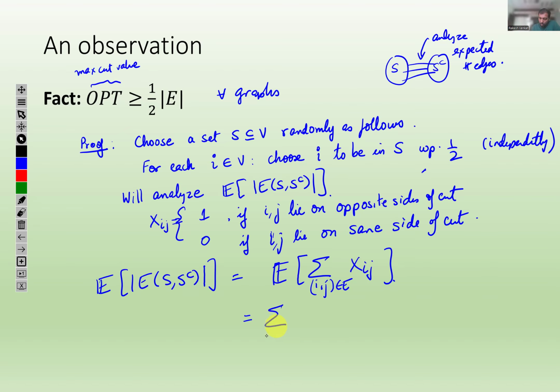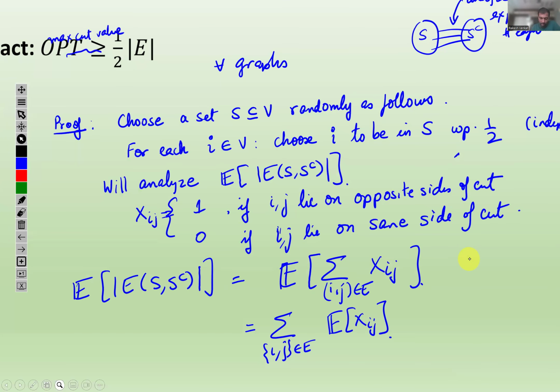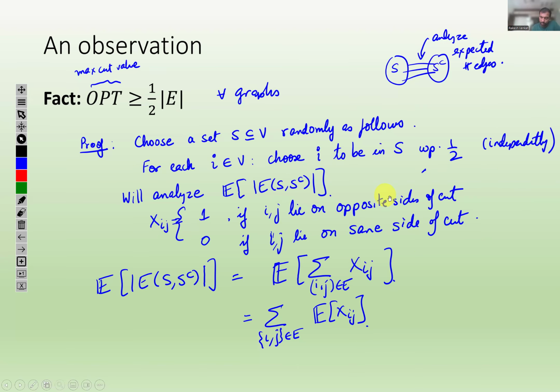But now, notice that despite the variables being dependent, I can use linearity of expectation and say that this holds. But then what is the expected value of x_ij? It is the probability that x_ij is 1. So if I pick a single i and j, and this is the random variable x_ij.